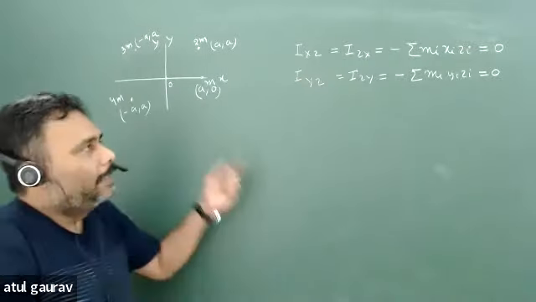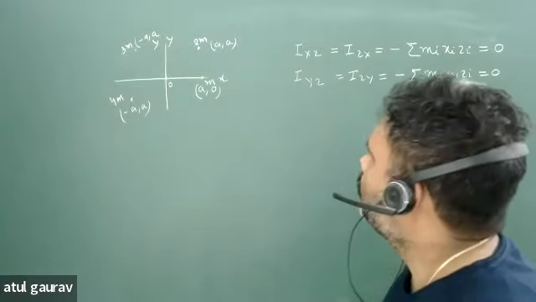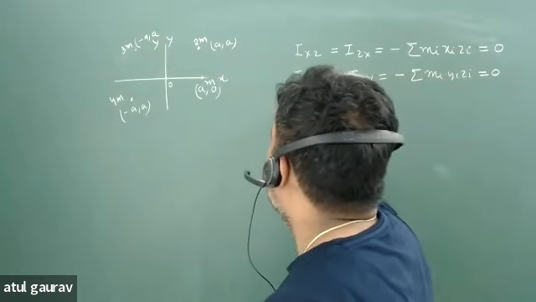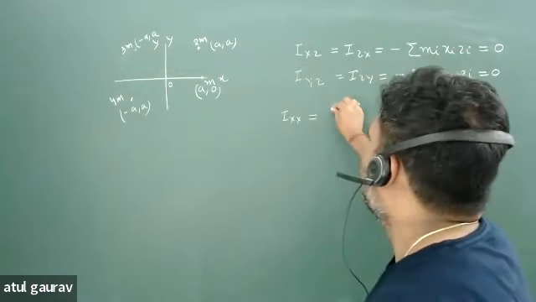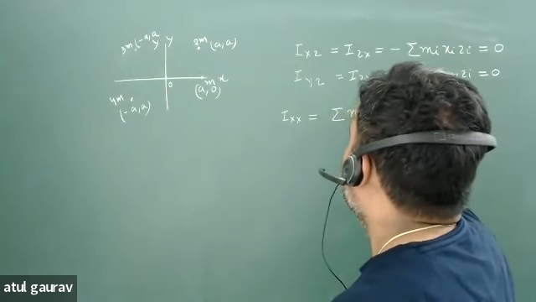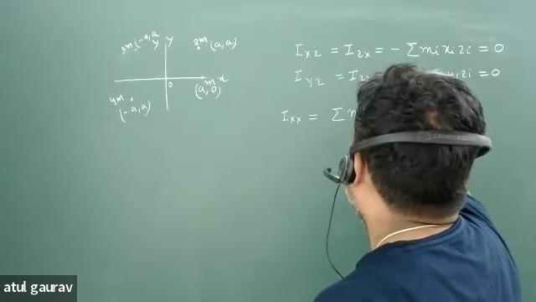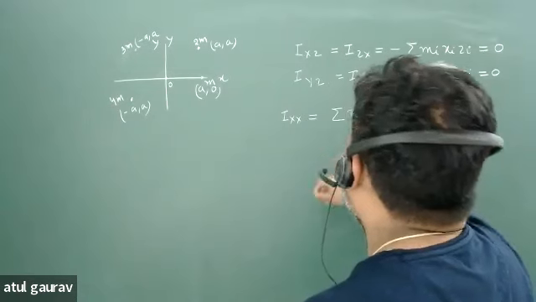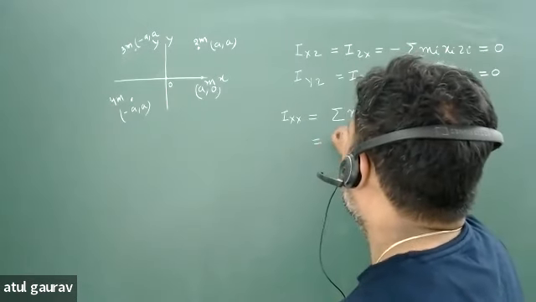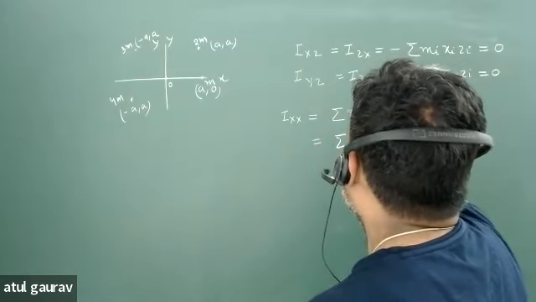Now we can talk about all the other terms. Since this is in the plane, these components are 0. Now let's calculate Ixx. Ixx is the summation over mi (yi square plus zi square). Since zi is 0, we can write the summation over mi yi square.